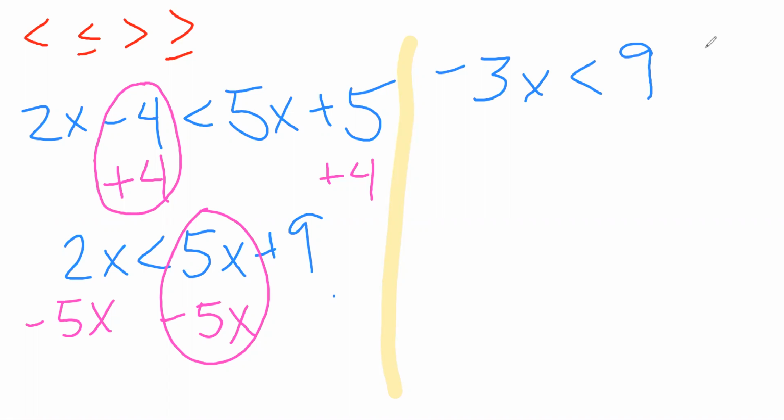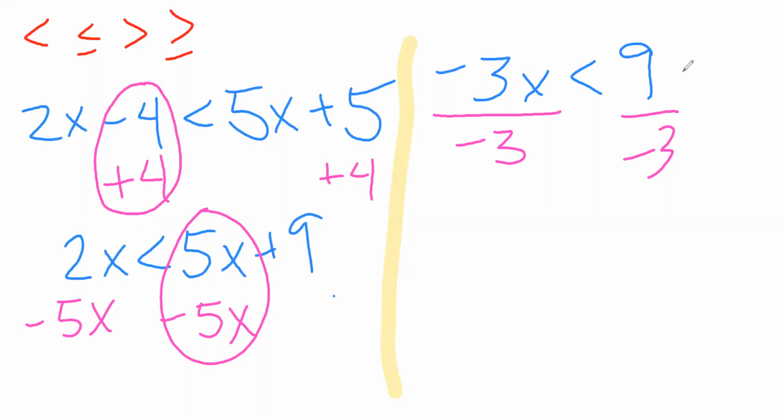Now here's where it becomes tricky. If you recall, we're going to solve this the same way that we solve equations. We're going to use inverse operations. Negative 3x is saying negative 3 is being multiplied by x. The inverse of multiplication is division. So we're going to divide both sides by negative 3. But when you divide or multiply by a negative with inequalities, you have to flip the sign.